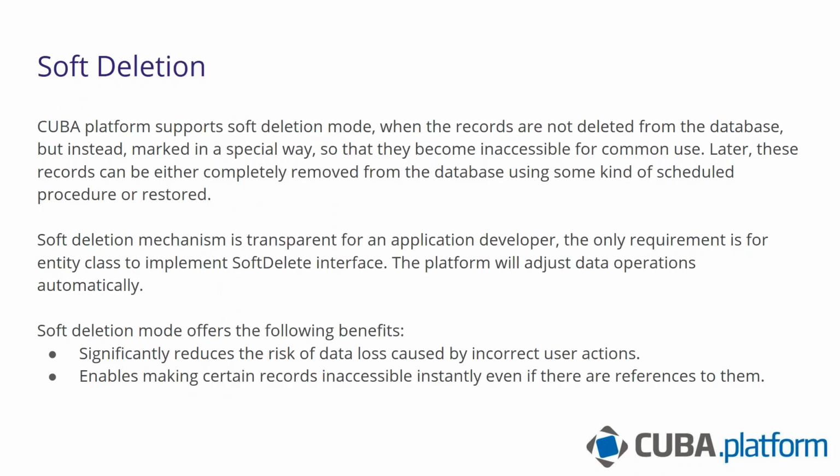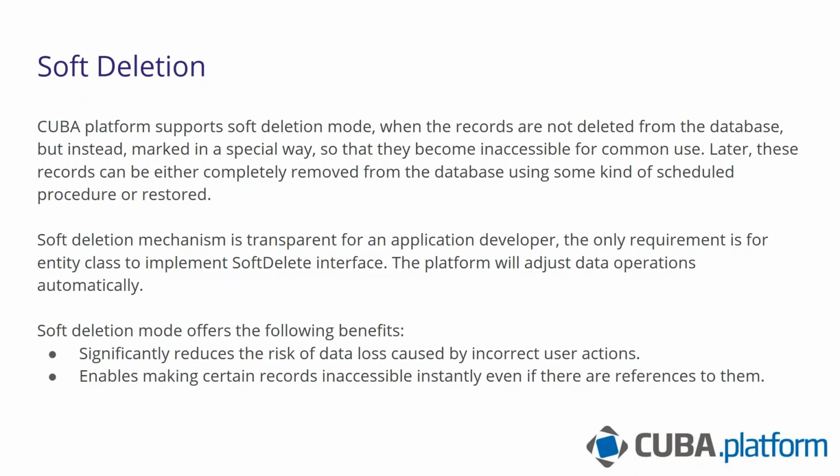So soft deletion mechanism is transparent for an application developer. The only requirement is for entity class to implement special soft delete interface. And the platform will adjust data operations automatically. So soft deletion mode offers a couple of benefits.